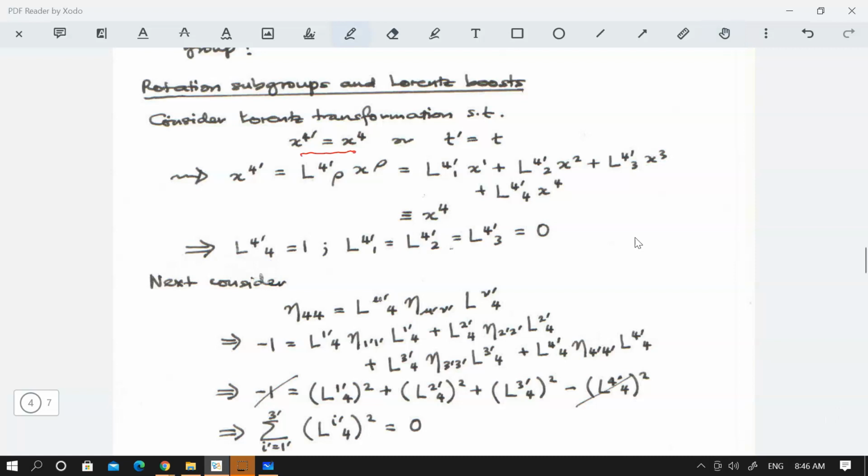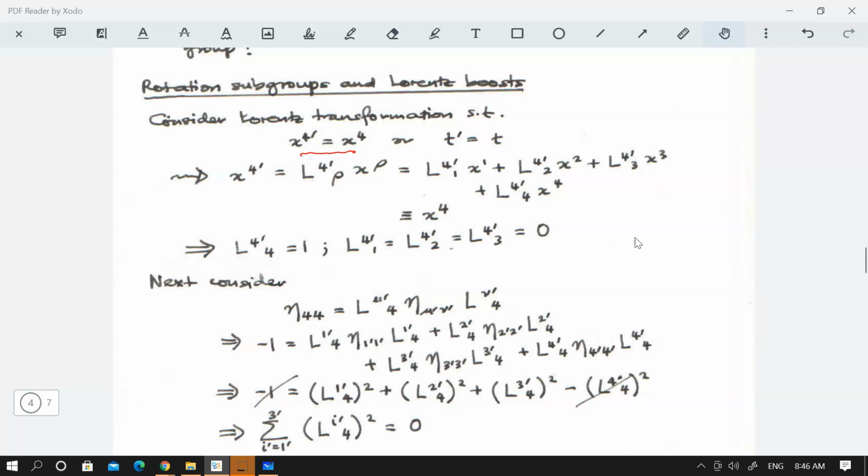In this summation we have x1, x2, x3, and x4, and remember each of these coordinates is independent of the others as a vector component.